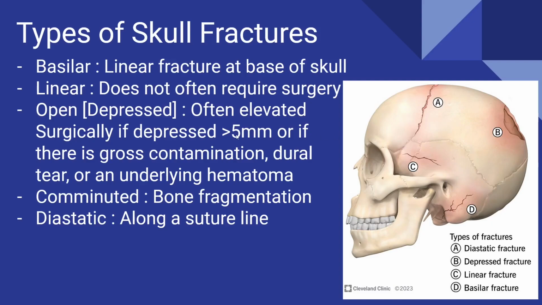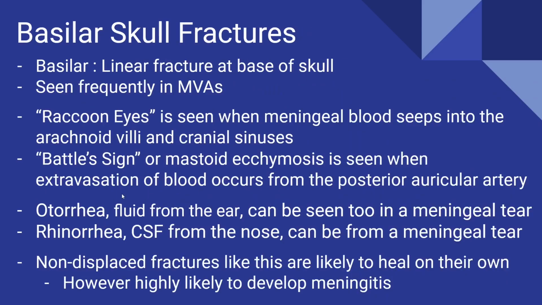This is a big thing that they ask: is the depression significant enough to have to go repair it? Comminuted is very similar to open in that there's fragmentation, and then diastatic can be just along a suture line. So just some different terminology to be aware of.